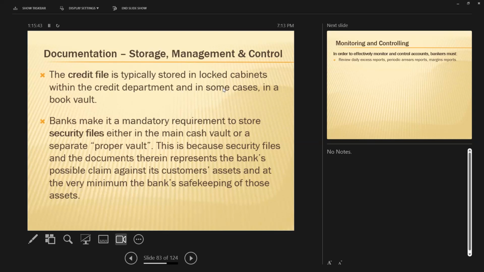So the credit file is typically stored in locked cabinets within the credit department or the loan department, and in some cases in a book vault. And of course we file those alphabetically according to the customer's last name.